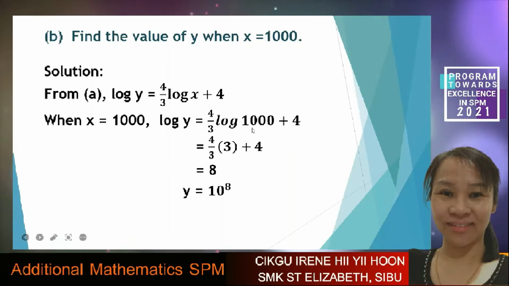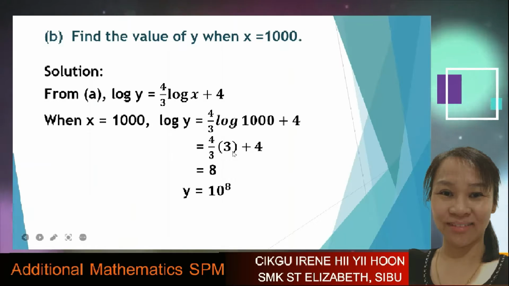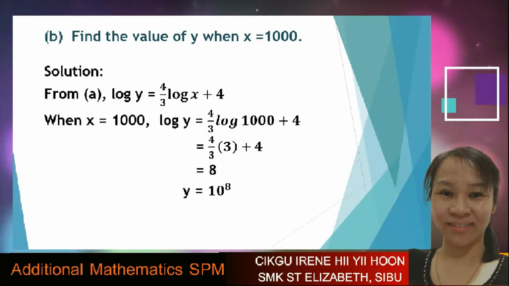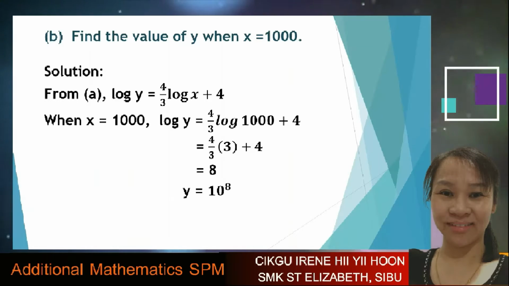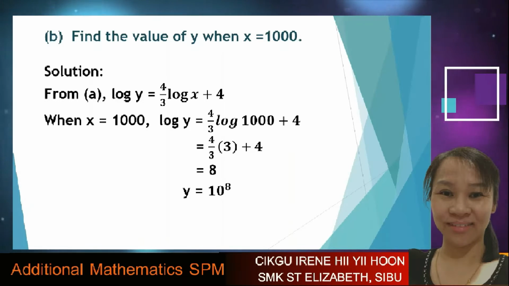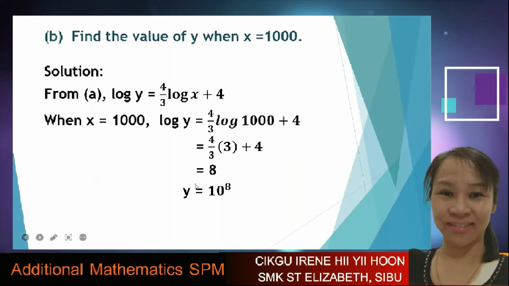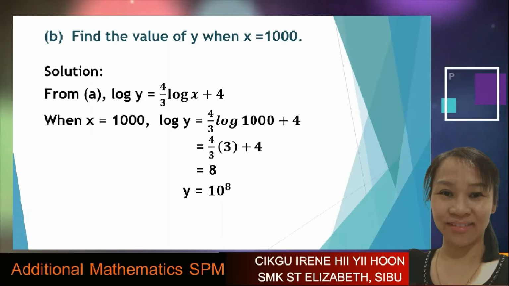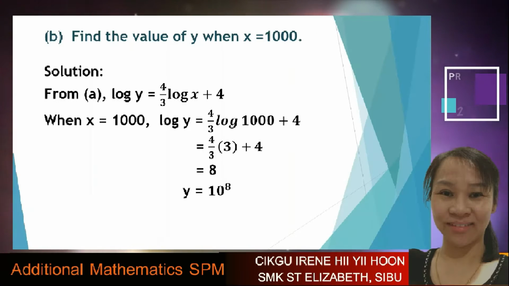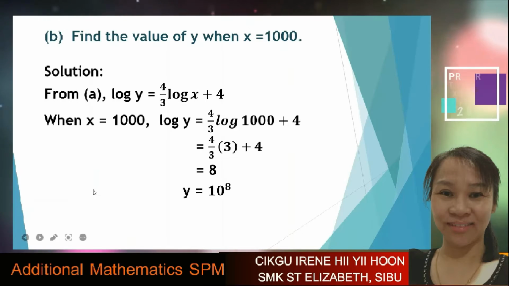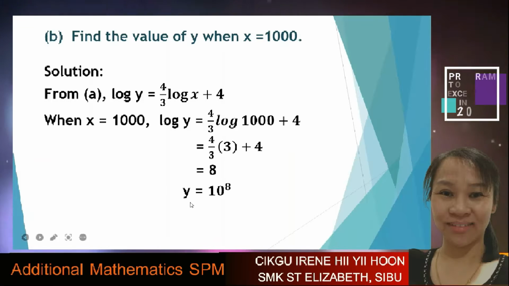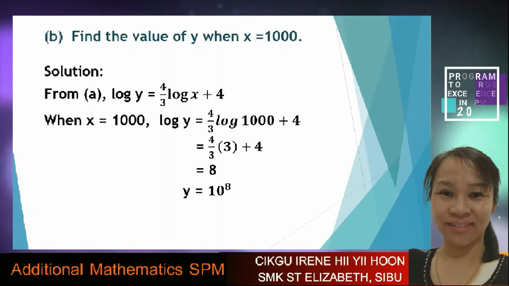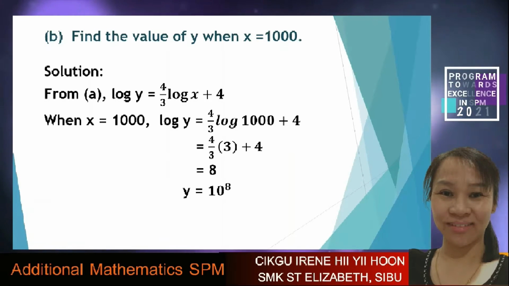Here the value of log 1000 is 3. So the value of log y equals 8. Then by taking the anti-log of 8, we will find that the value of y is 10 to the power of 8.